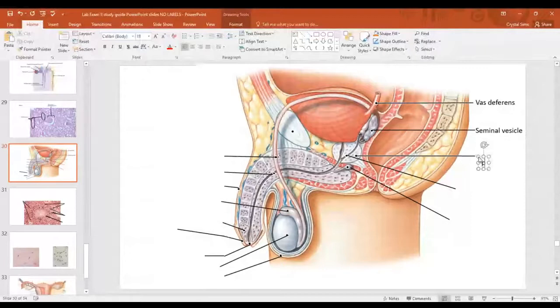So that's going to be my ejaculatory duct. And then my last one over here on the right is going to be the bulbourethral gland.